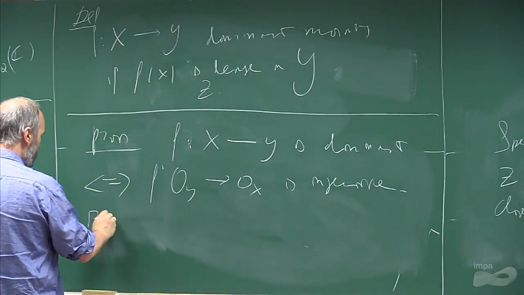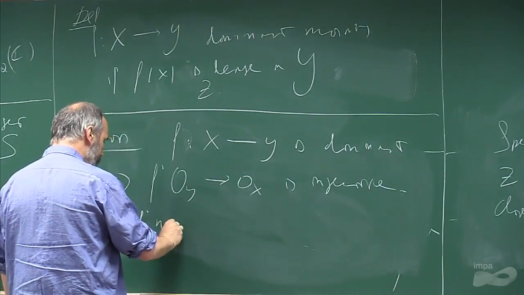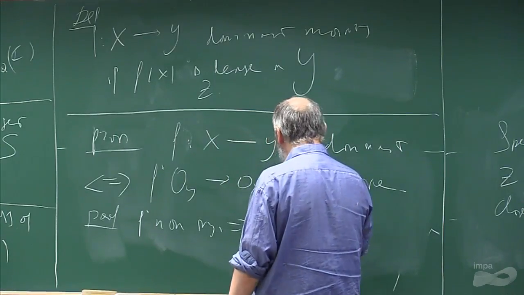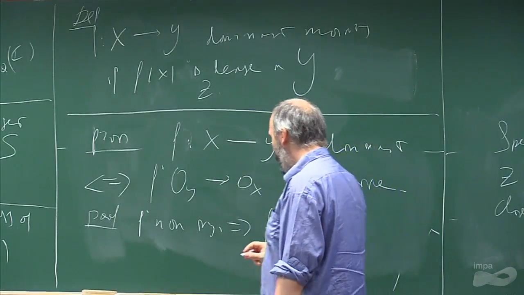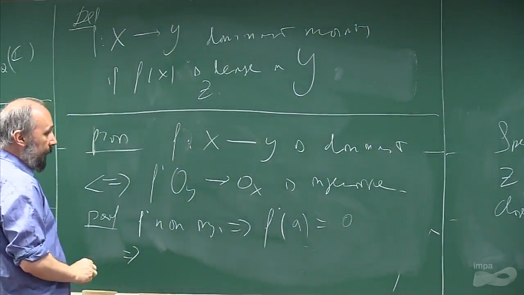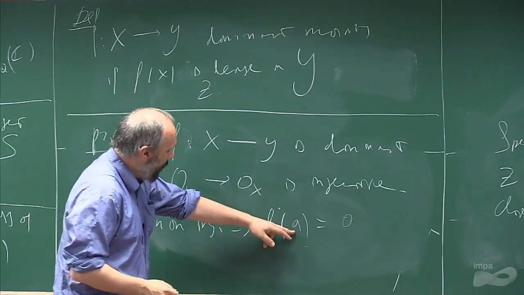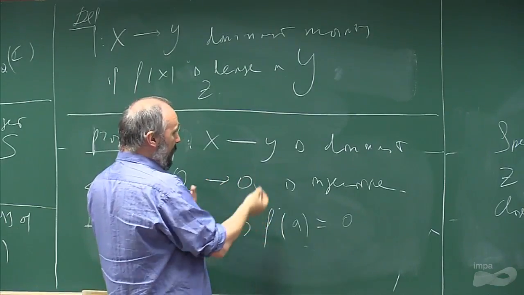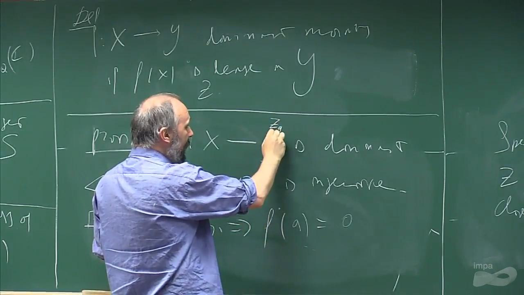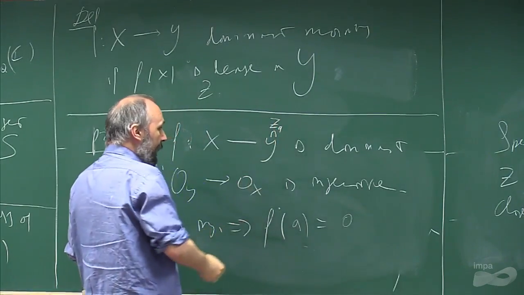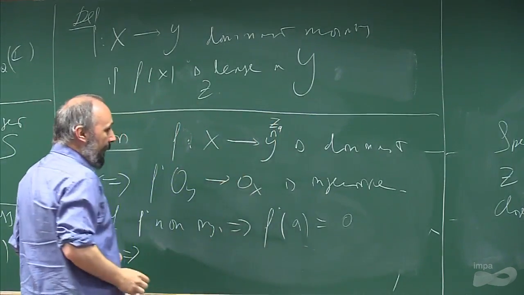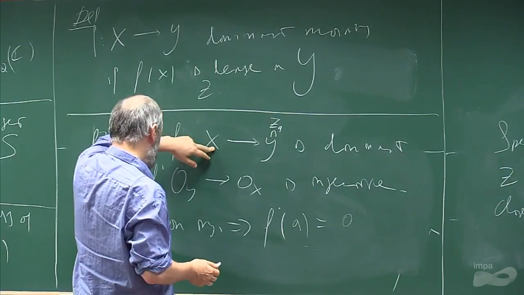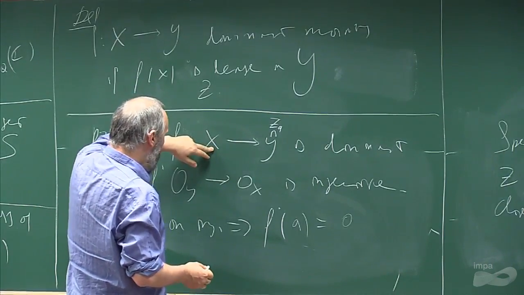Proof. Suppose f star is not injective, then f star of a function A, for instance, is equal to 0. The function gives a principal ideal, denoted ZA here.